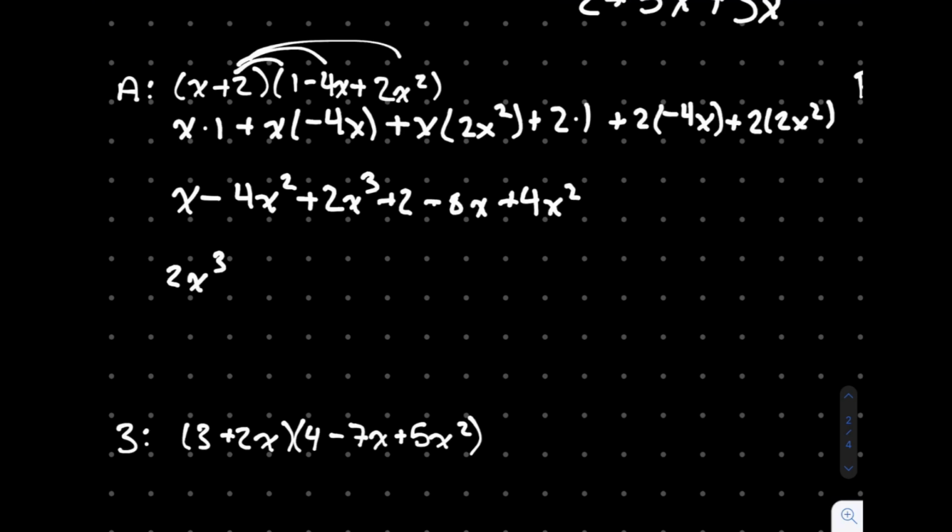Now, interestingly enough, that negative 4x squared cancels with that 4x squared, so I don't have any x squareds left over. But x minus 8x is minus 7x. And then plus 2 doesn't have any like terms to combine with. So that's how we can multiply two polynomials together by distributing, using the distributive property.